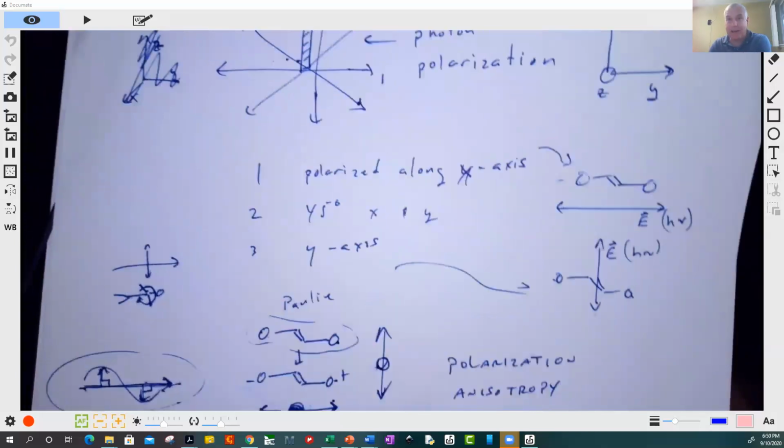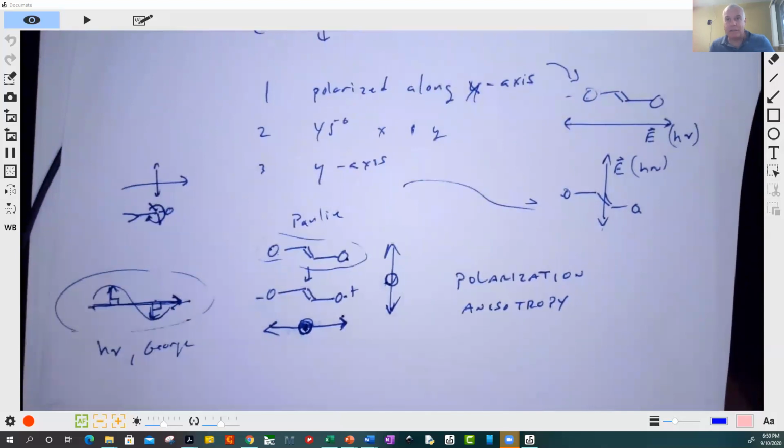I did not mean to imply that you eat photons. No, I think you said that I was getting eaten. Oh, no. You're eating photons. Oh, I gave it away. Pauline eats photons. Pauline is a photon eater.